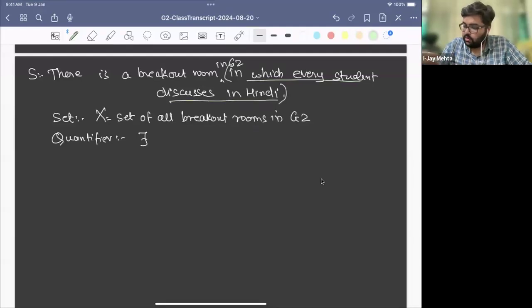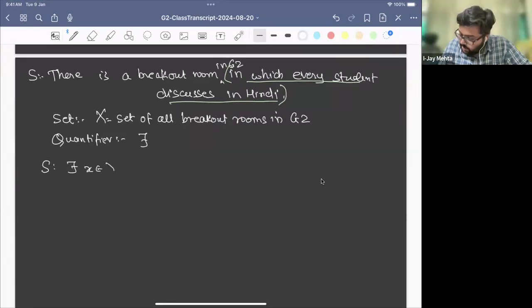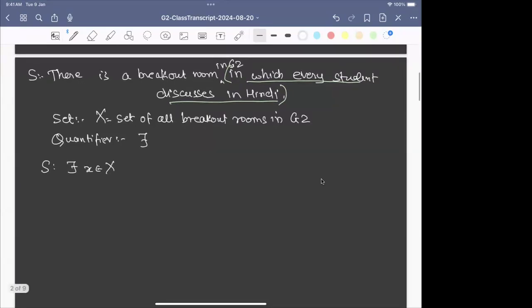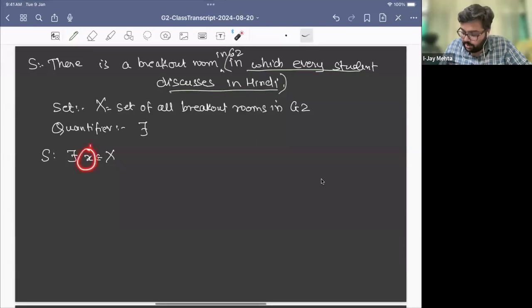Okay, so now can you help me write in terms of quantifiers? How do I write? There exists, we can take any small x belongs to X. What would small x be? Small x will be any breakout room from set X. Small x is an element of this, right? So this is a set of all breakout rooms. Very good. So small x is a breakout room.